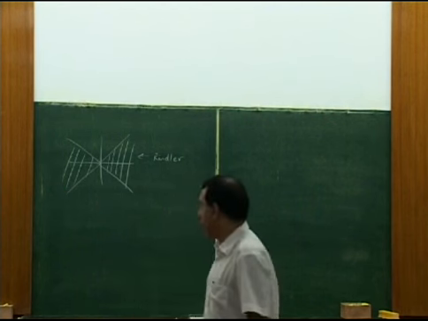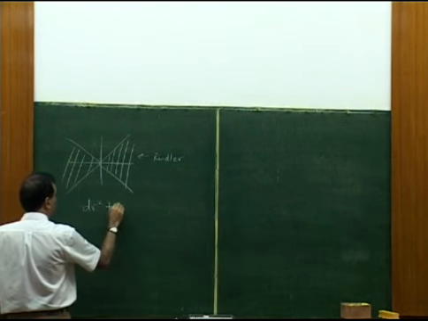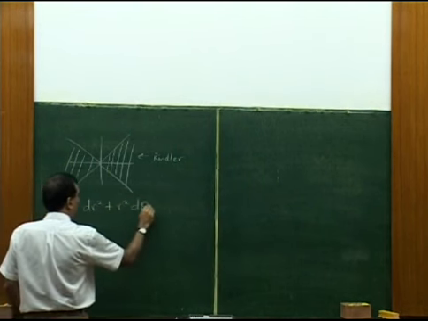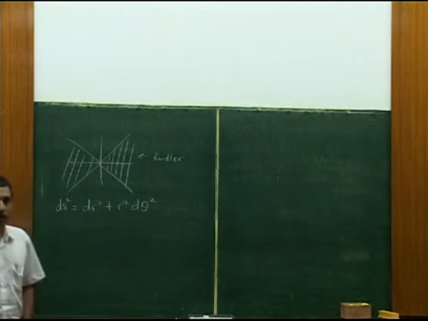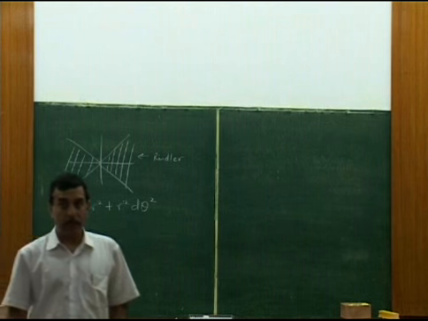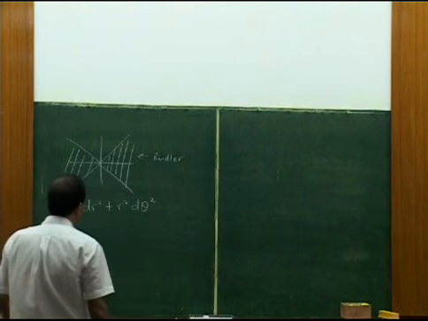Okay, let's try a simple example. What is this the metric of? Sphere? Plane? This is just plain polar coordinates, right? What's the value of r and theta?